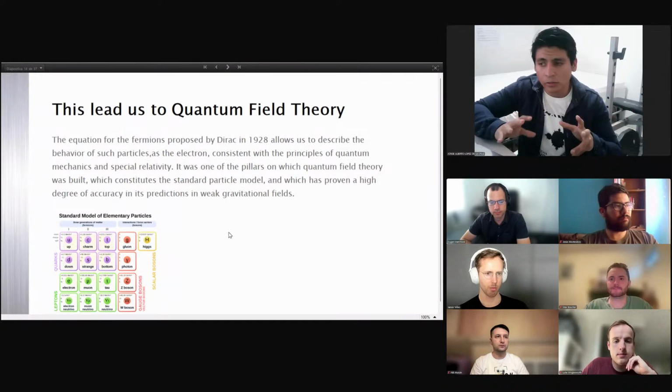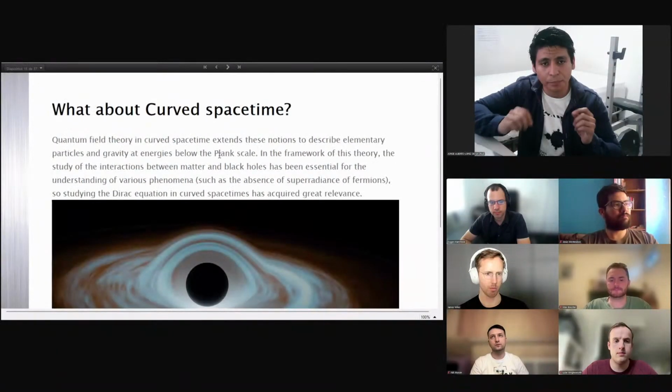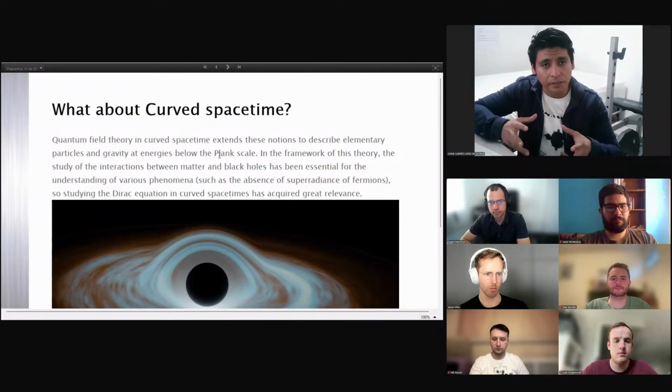And so far so good, but we want to introduce gravity. Why do we want to introduce gravity? Because it seems the strange behavior of elementary particles manifests in a space-time where the gravity is so strong, like black holes.